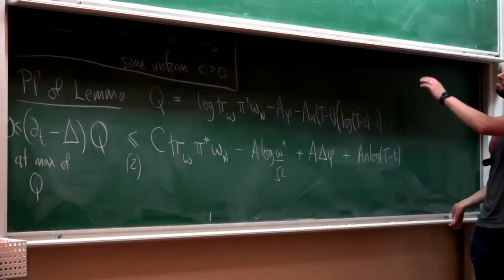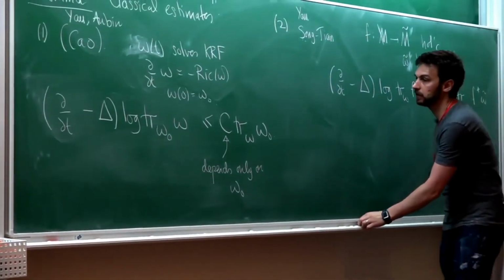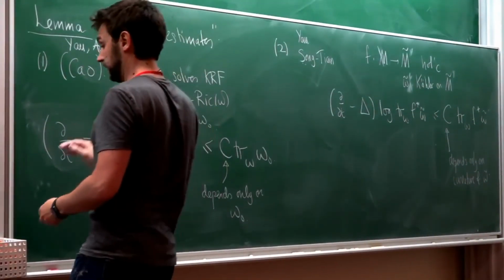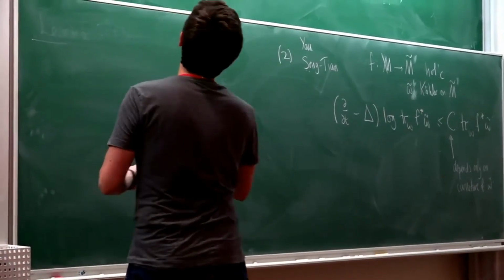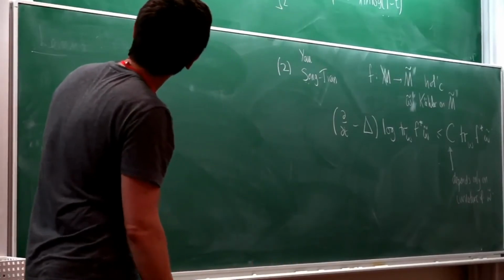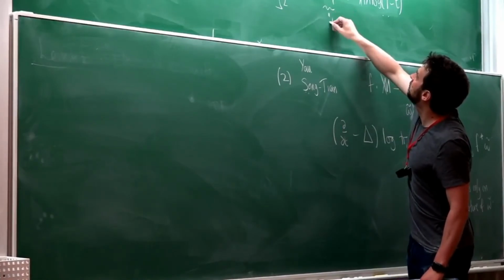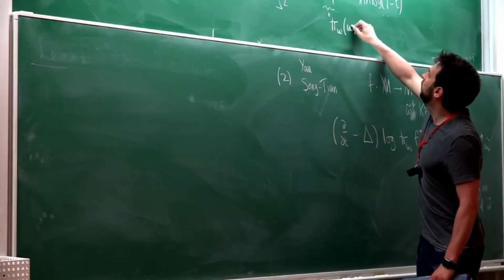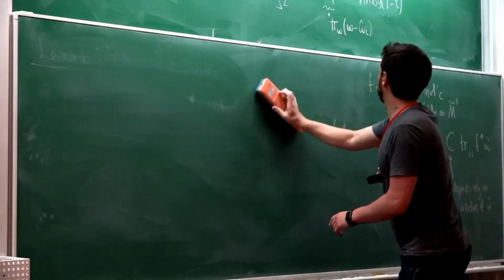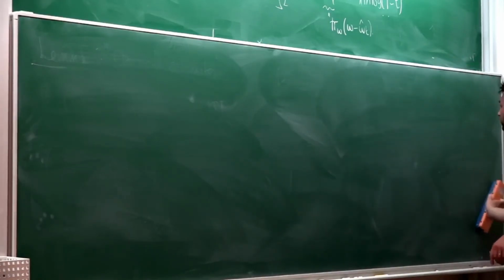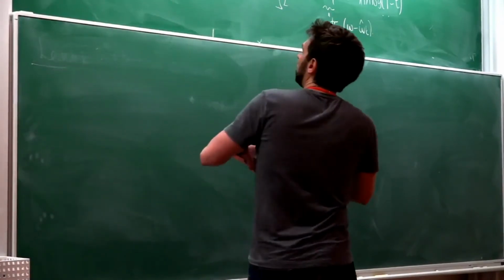Now I've actually used what I needed from this, so let me erase this. First of all, we already used this before. This Laplacian of phi is just the trace with respect to omega of omega minus omega hat t. Now what I want to do is, I've got an upper bound here.